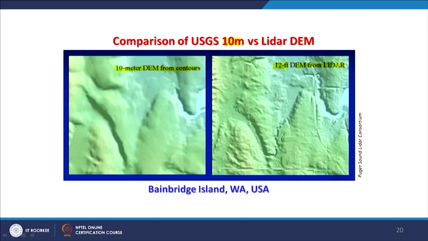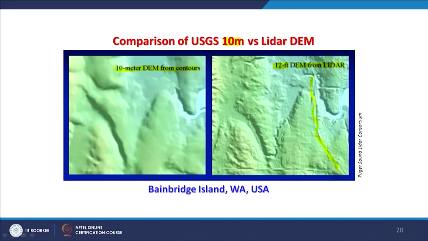The only problem you might have observed is that removing the canopy and buildings, that is, creating a bare surface for a typical digital elevation model, may not always be possible or complete with LIDAR.